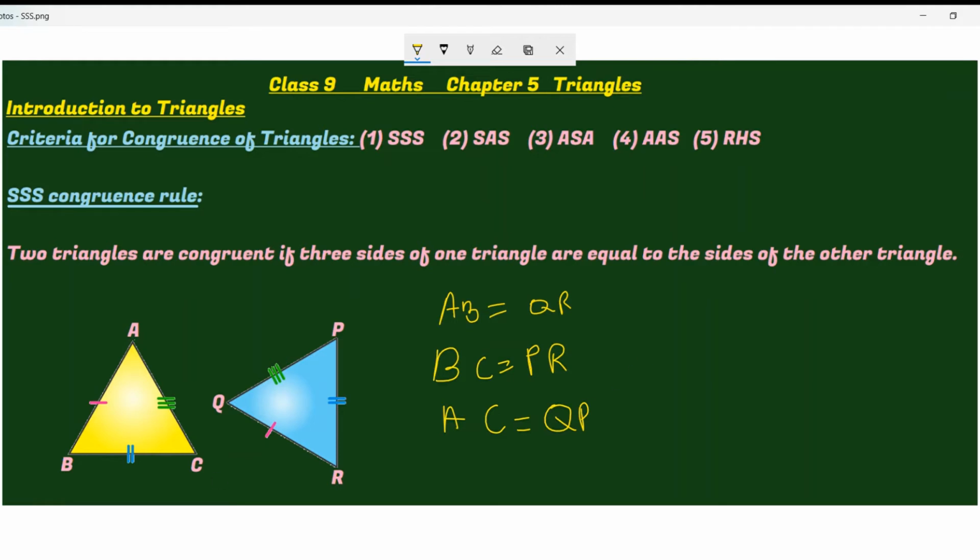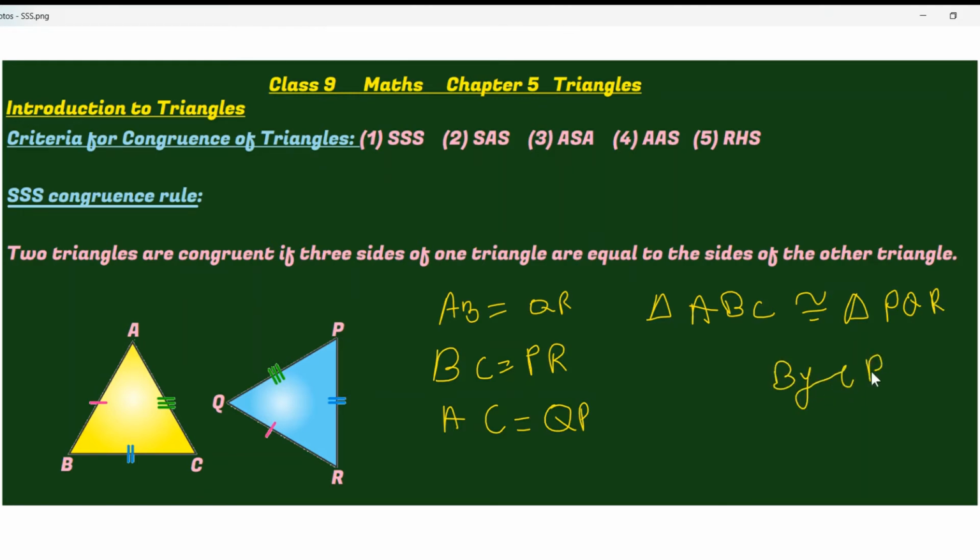Then we can say the area of triangle ABC is equal to triangle PQR by CPCT. CPCT means corresponding parts of congruent triangles. Here corresponding parts of congruent triangles are equal. So we are telling the areas of these two triangles are equal by CPCT.